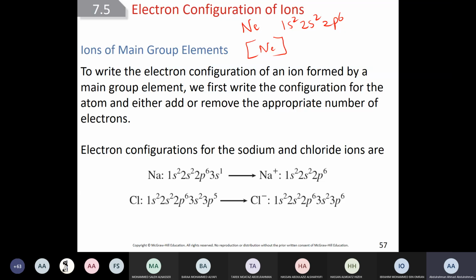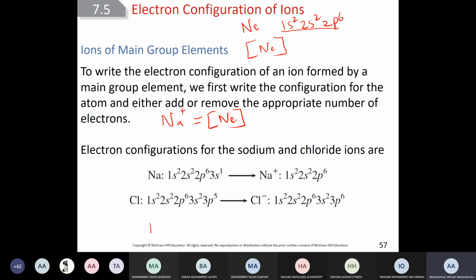So I want you to tell me what's the structure of Na plus. The same as neon. Ne. So I can write it like this. When I put it in this big parenthesis, what does it mean? It has the same structure.